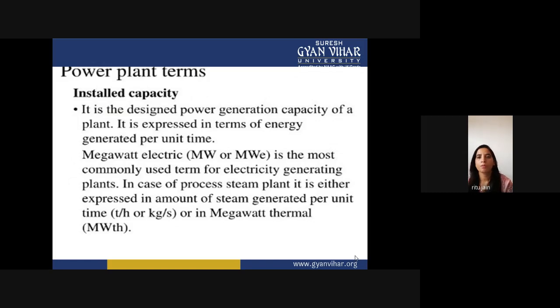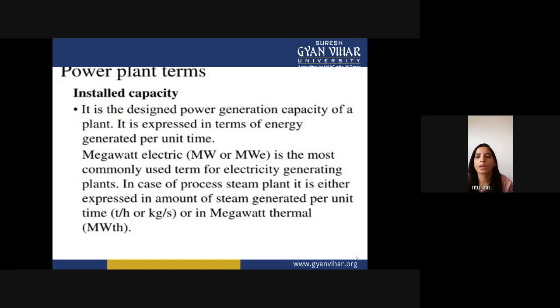We generally use megawatt terms because there is a large power of generation, which is in megawatt, in power plants. That's why we call it megawatt electric generation.